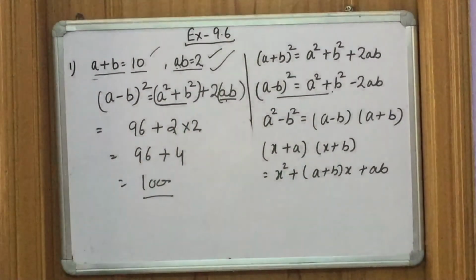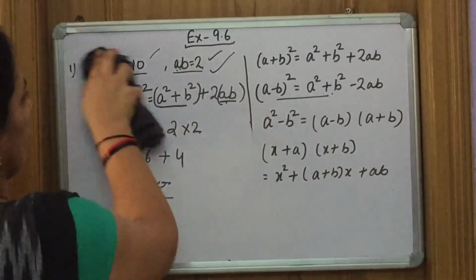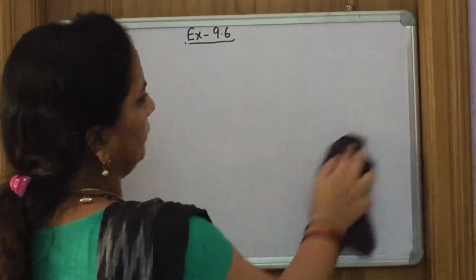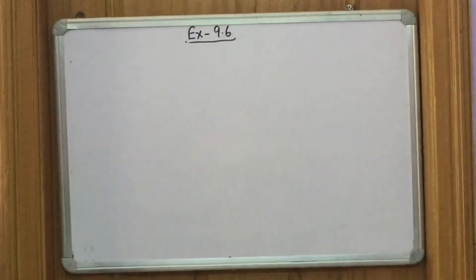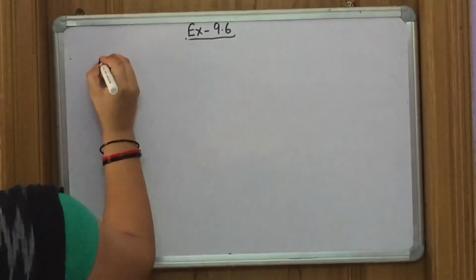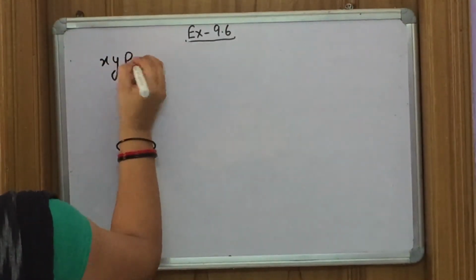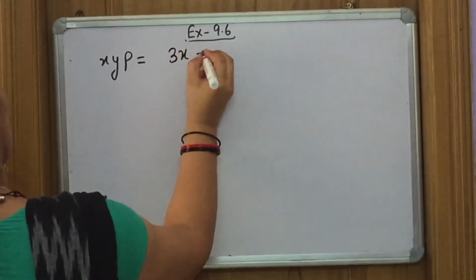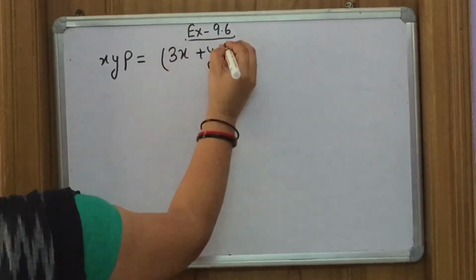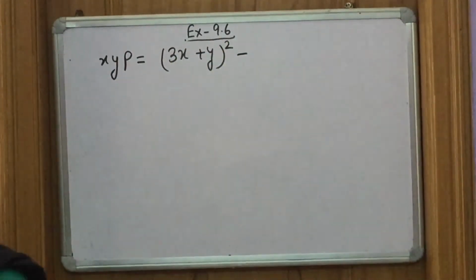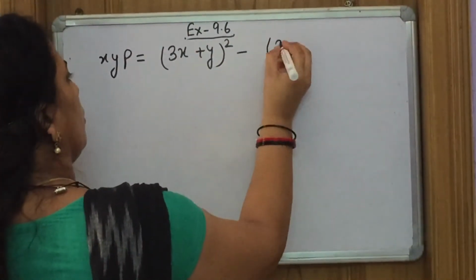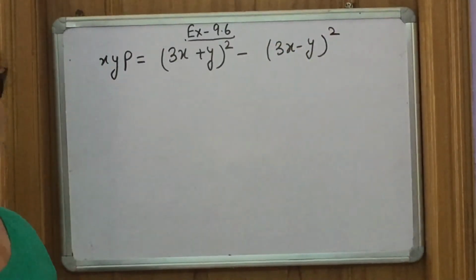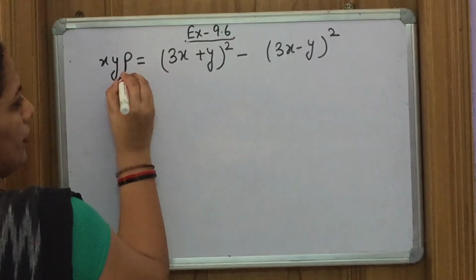The next question is, you are given a statement: xyp is equal to (3x plus y) whole square minus (3x minus y) whole square. We have to find out the value of p.